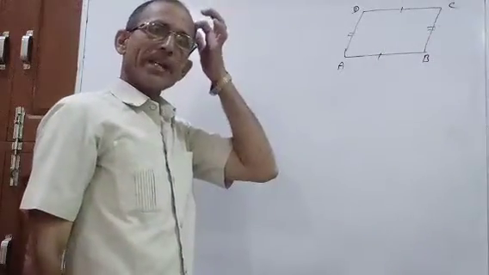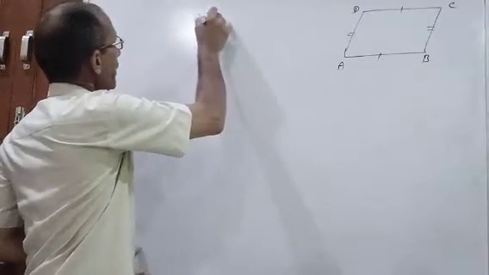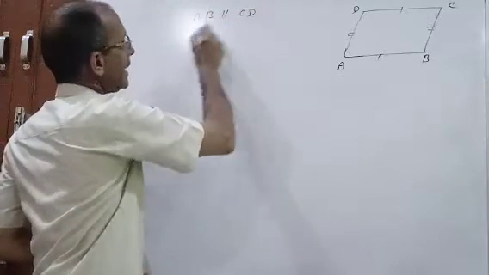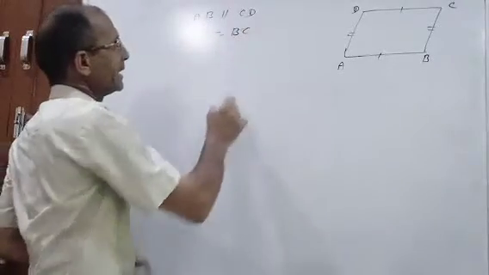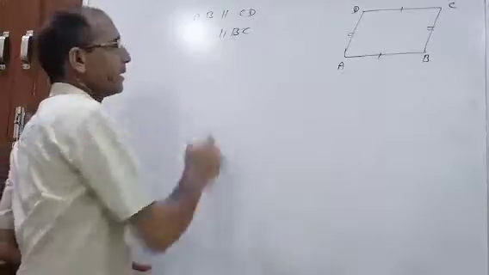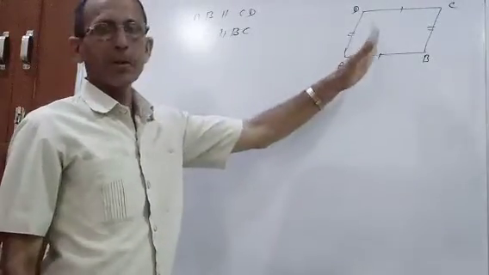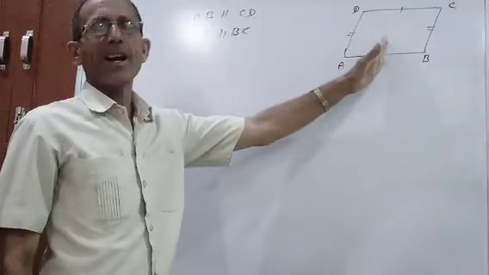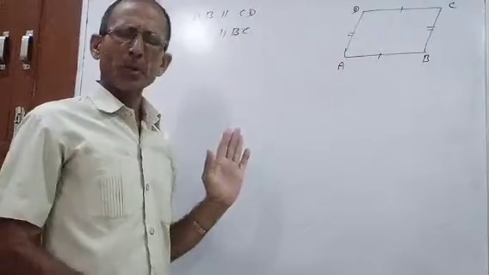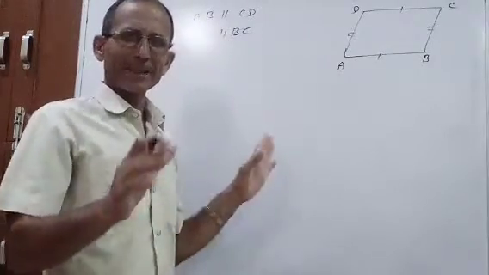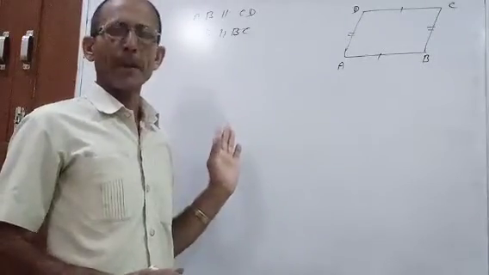If opposite sides are parallel, it means AB parallel CD and AD parallel BC, so it will be a parallelogram. If in a quadrilateral opposite sides are parallel, the quadrilateral will be a parallelogram. No need to apply other things. If opposite sides are parallel, we can say this is a parallelogram.